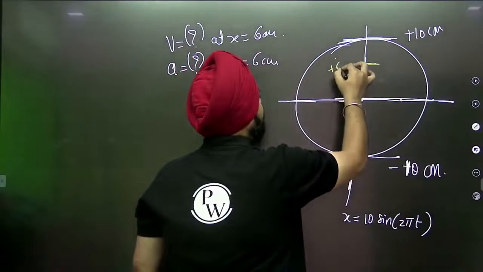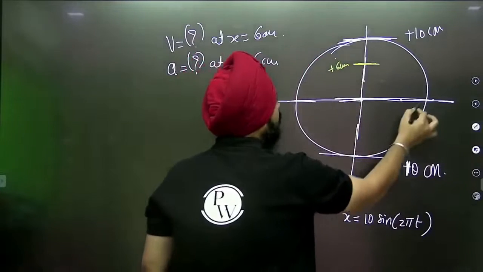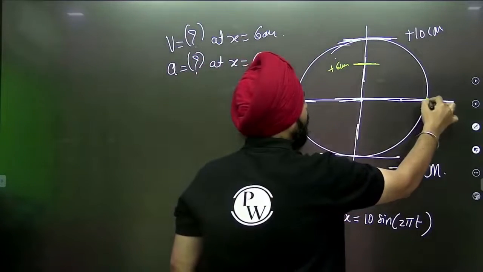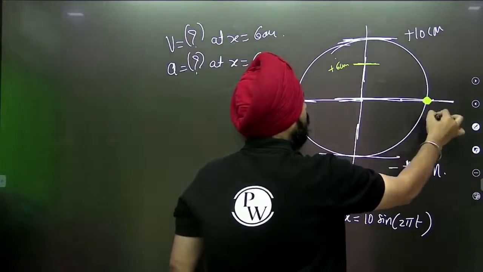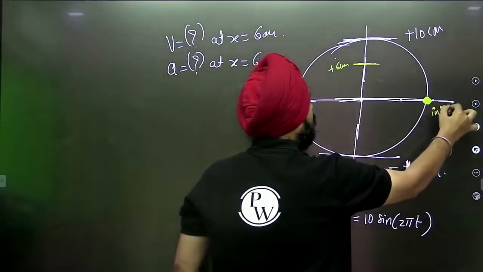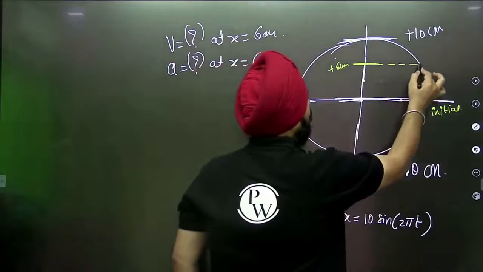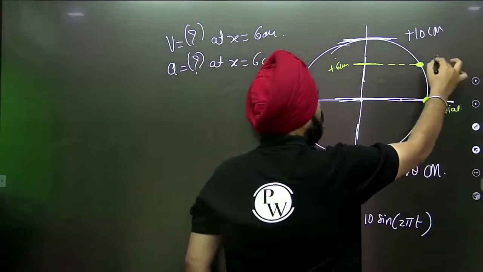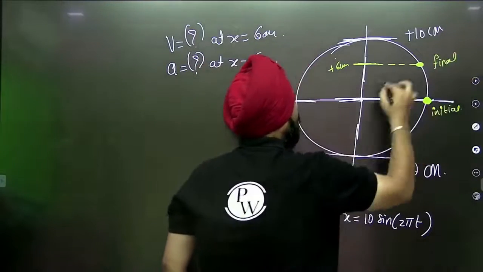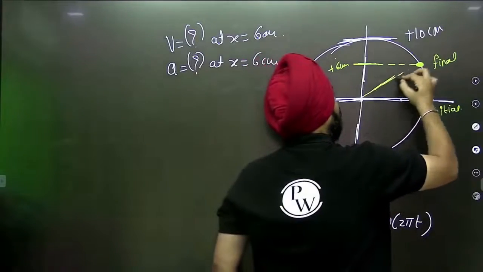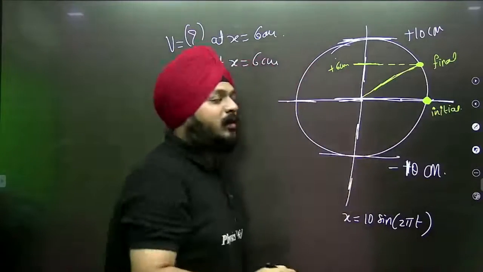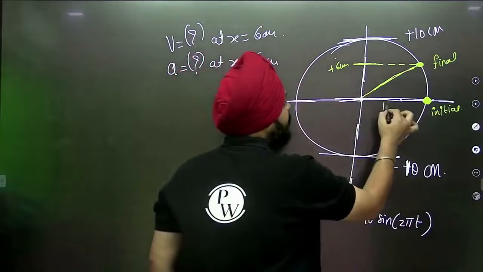This is plus 6 centimeter. This is the initial position of the particle. This is the final. Very simple thing. See, this is the radius, which means it is 10.